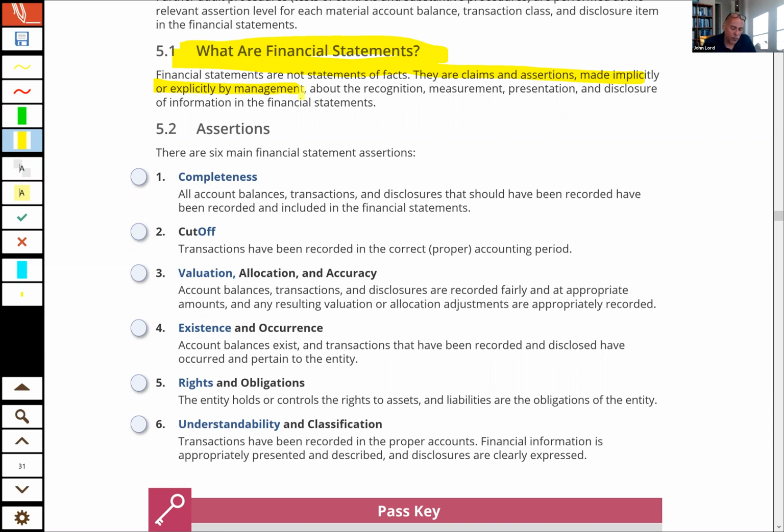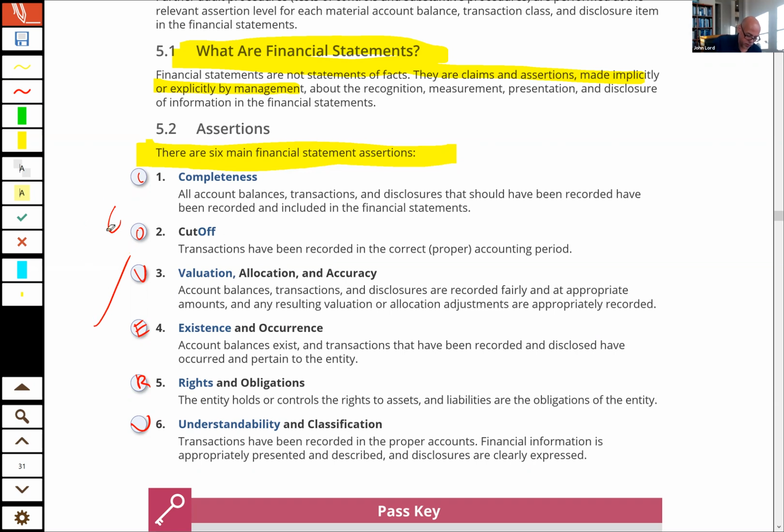Now, we have these 6 main assertions, and you are going to have to know how to audit them. They give you this mnemonic, COVERU, cover you, which I don't care for. You can use it if you want.